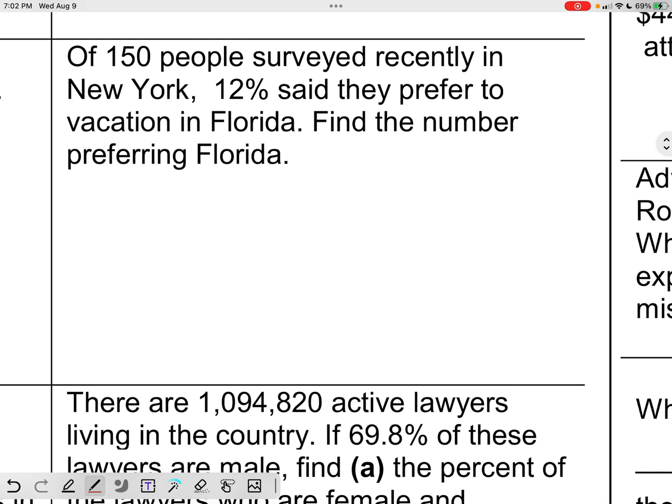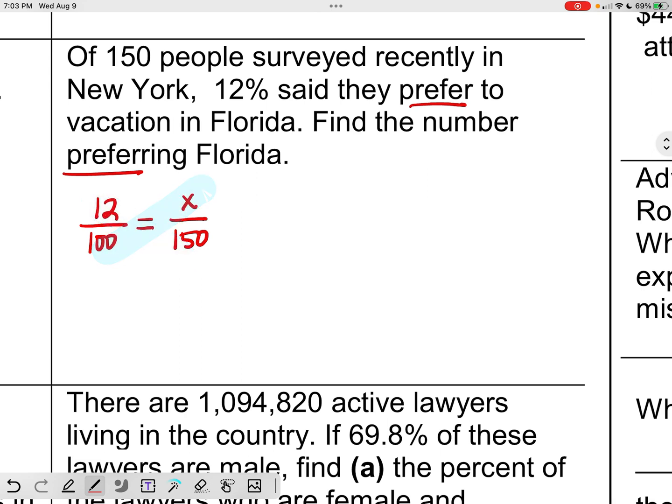Of 150 people surveyed recently in New York, 12% said they preferred a vacation in Florida. Find the number preferring Florida. Okay, so preferring, same verb, so we're okay with that. 12% is out of 100, right? I don't know how many people prefer it out of 150. So maybe you remember this thing, like we do the cross products to multiply.